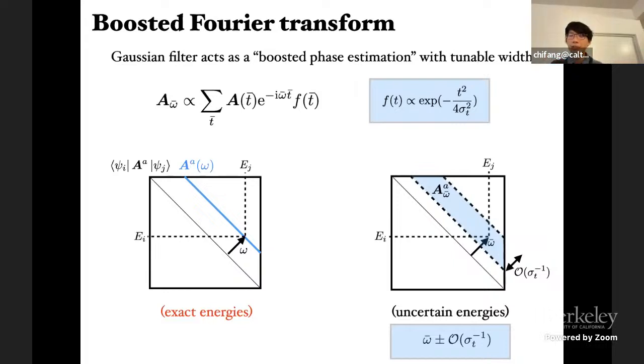Pictorially, if you can do the Fourier transform perfectly, then you can access these transitions at precisely energy omega. However, that's really expensive. You cannot really access quantum energy perfectly. What you get here is a compromise that you will have some uncertainty. And as a user, you can tune that uncertainty, and that will lead to different accuracy of these energy estimates. So it really is a smooth version of these bands with some uncertainty in their energies.